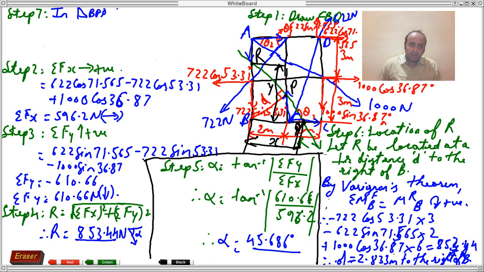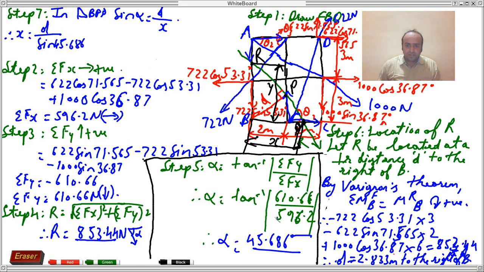So it will be written as sine of alpha is equal to opposite, which is nothing but D, divided by hypotenuse, which is nothing but X. So therefore X is equal to D divided by sine of 45.686 degrees.